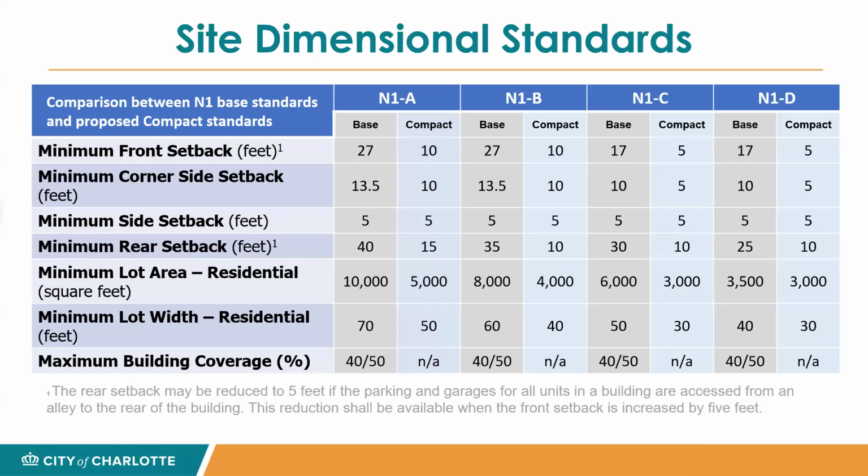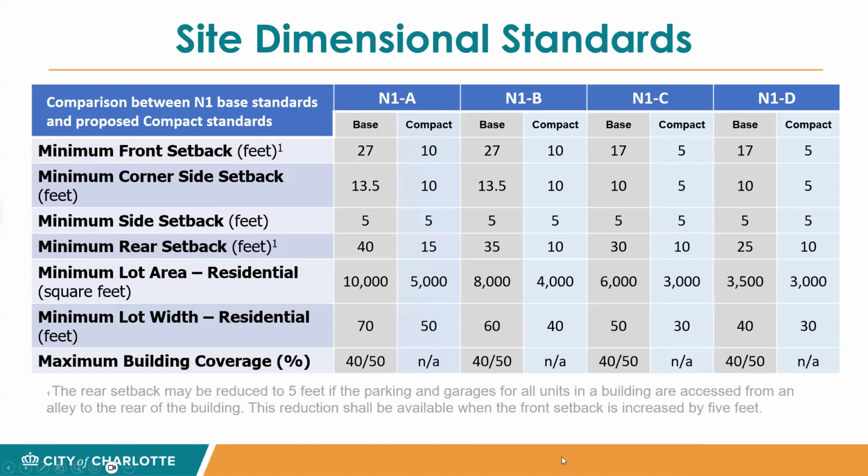So this just shows you all the dimensional standards for where the base district is and what you can do in the compact district. So everything from front setback, corner, side, rear, the total lot area, the residential width, and the max building coverage, which we're proposing to not have in compact development.